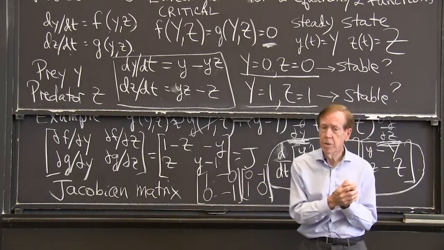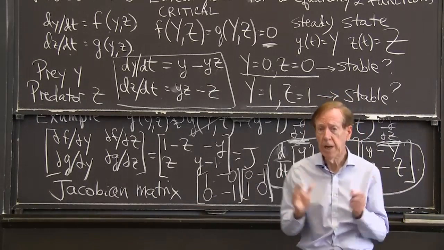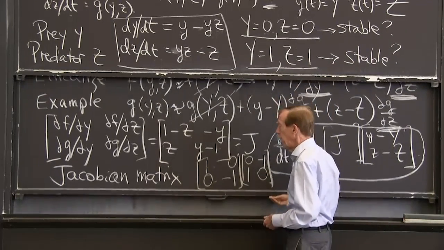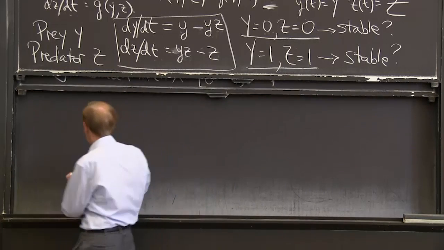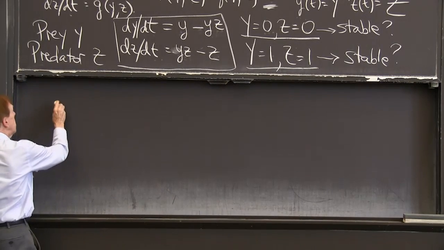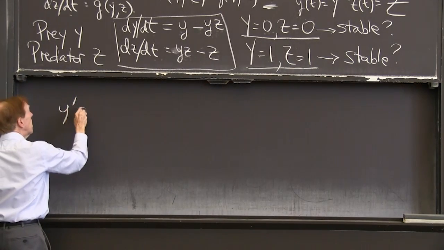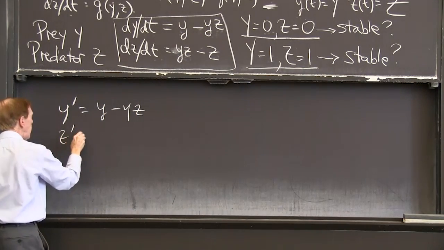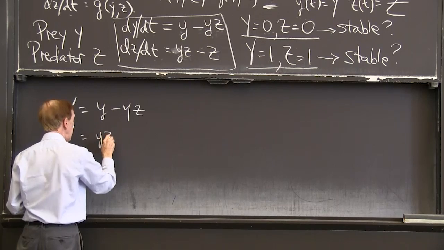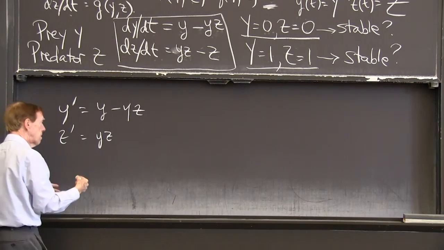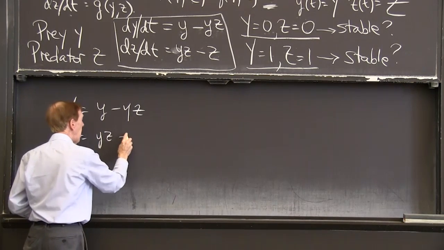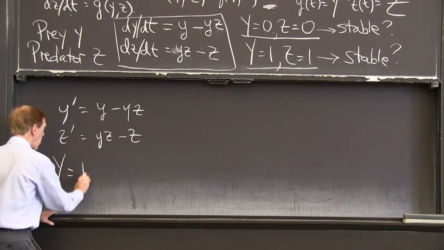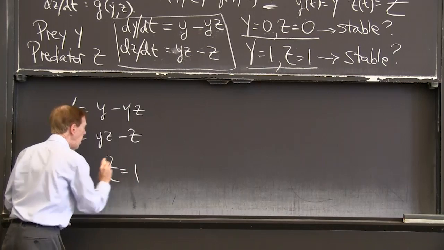Oh, this is the interesting one. Can I just stay with this one to finish? I'll put these facts on a new board. So again, y prime, dy/dt, is y minus yz. z prime is yz, rabbits are getting eaten, minus z, okay? And I'm interested in the point y equal 1, z equal 1.